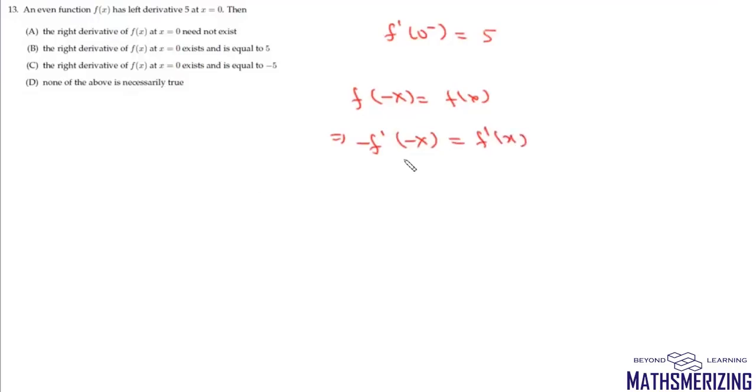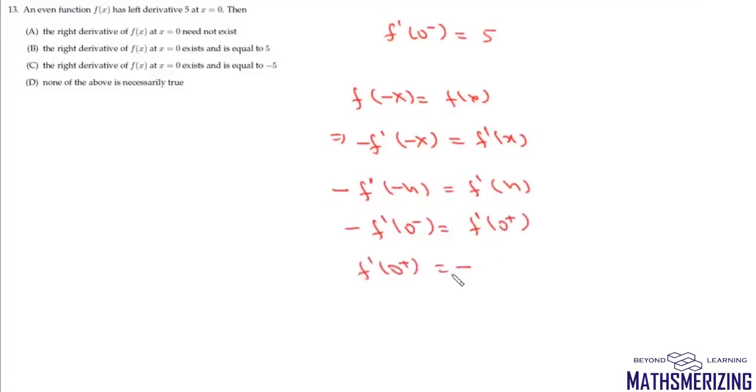Now we'll replace x with 0 plus h. Then we can write minus f dash minus h is equal to f dash plus h. Now this is f dash 0 negative and this is f dash 0 positive. So f dash 0 positive will be minus f dash 0 negative, which is the left hand derivative, and it is minus 5. So the right hand derivative of fx at x equals 0 will be minus 5.